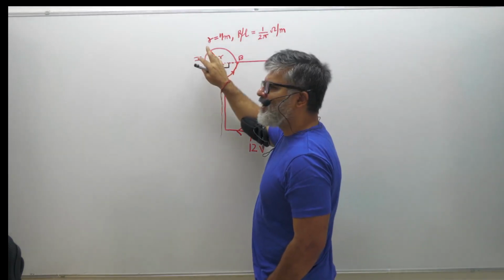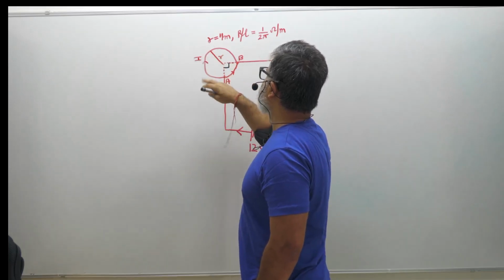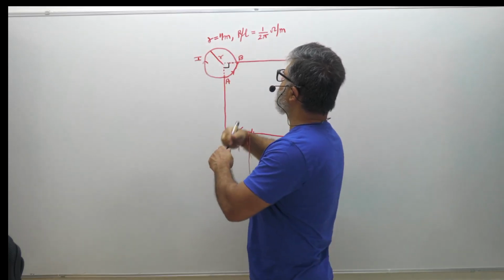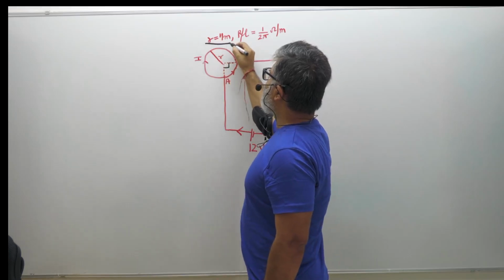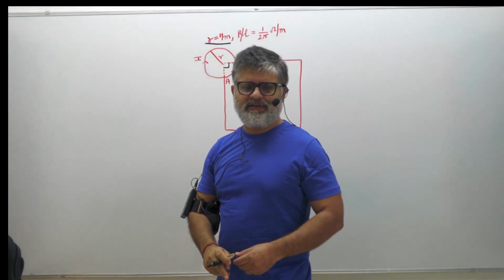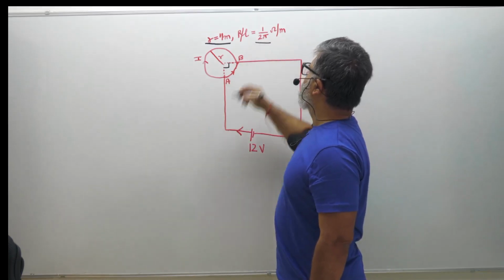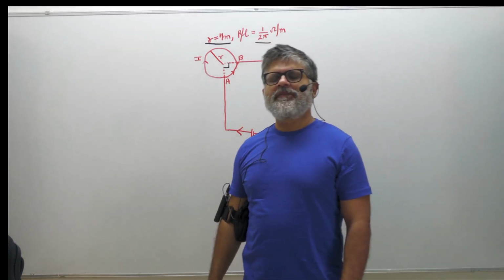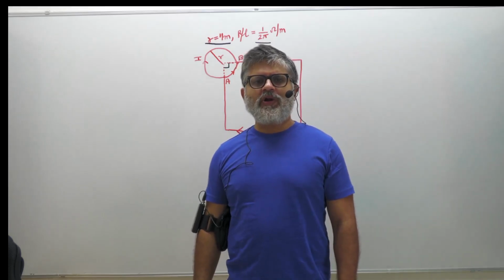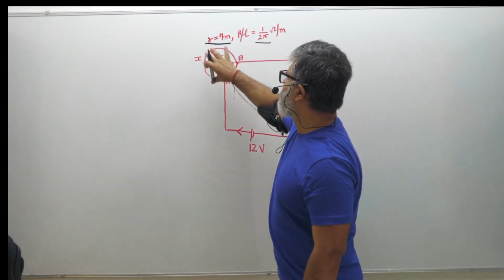So our focus in this question is only this circle. The radius of this circle is 4 meters, and the resistance per unit length for this circle is 1 by 2 pi ohms per meter. So our focus of this question is this circle.